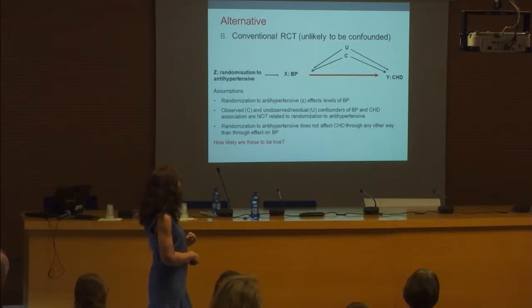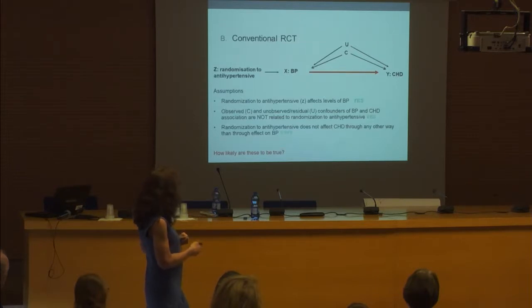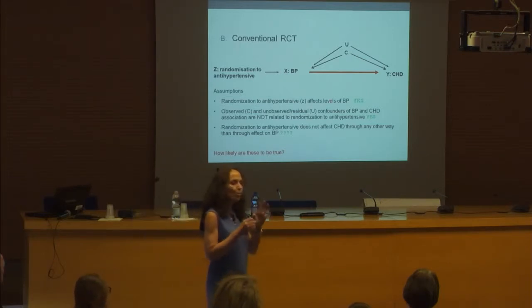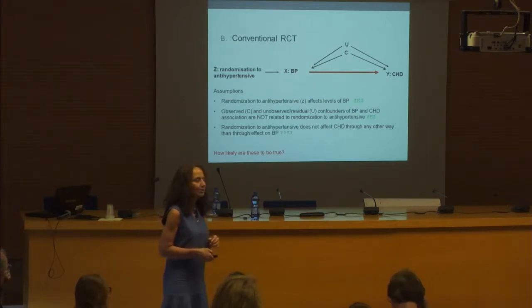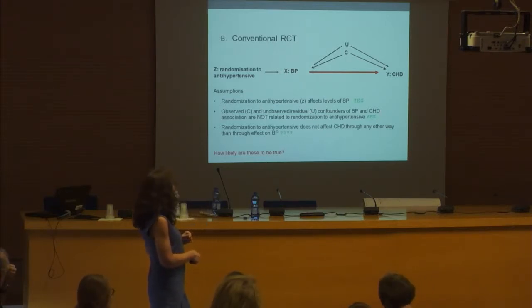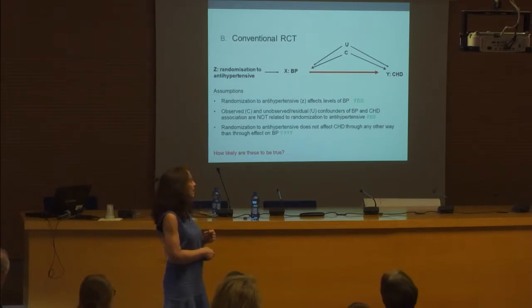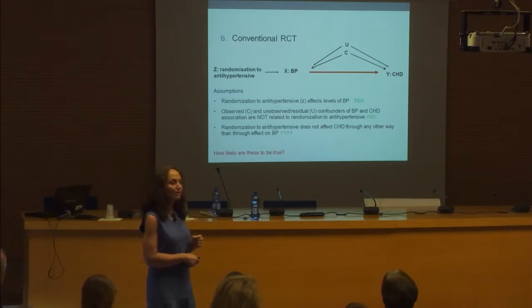They're also generalizable to all instrumental variable analysis. So for this example, let's assume that these are all well-conducted randomized control trials. I would argue that this first assumption is going to be true, that blood pressure lowering treatments are going to relate to blood pressure level.